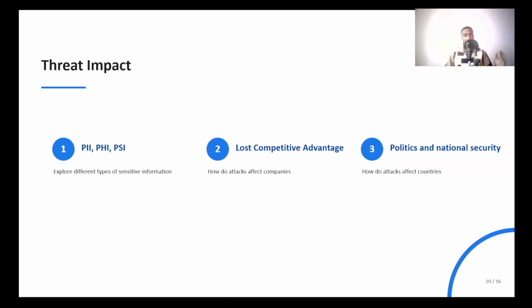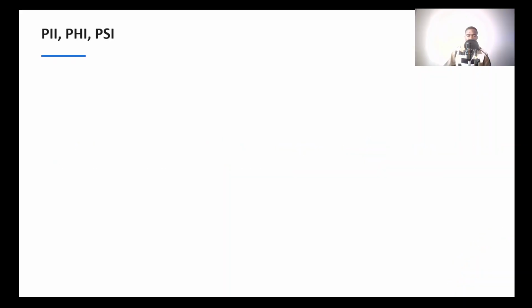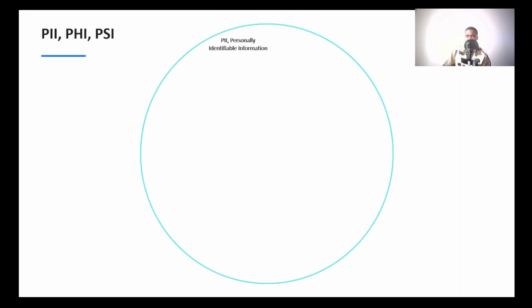We're going to separate this into three levels that address personal, enterprises or companies, and national. First thing, first impact of cybersecurity attack is an impact on PII, PHI, and PSI. What is PII?